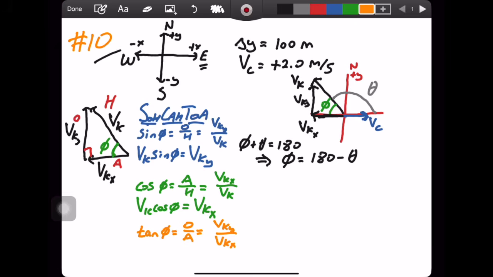Now remember, we want to go straight north across the harbor. We don't want any deviation from directly north, which is the same thing as directly in the y direction.